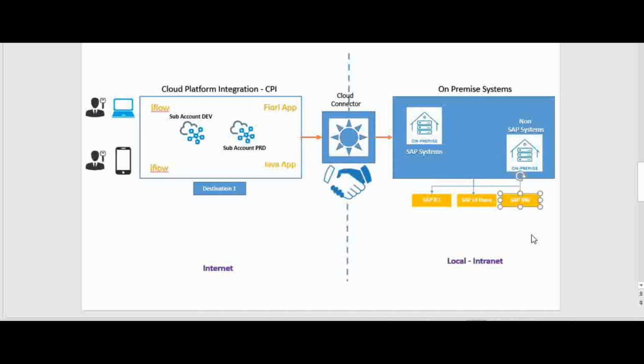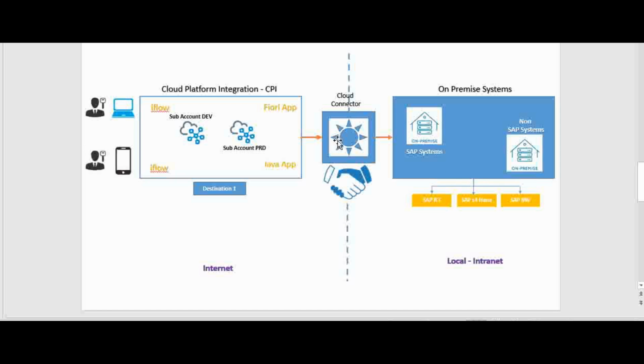Suppose I have OData service 1 from this one, OData service 2 from this one, and some schema from this one. For this subaccount, I will authorize some services inside R3, some services inside S4 HANA, and some services inside BW.